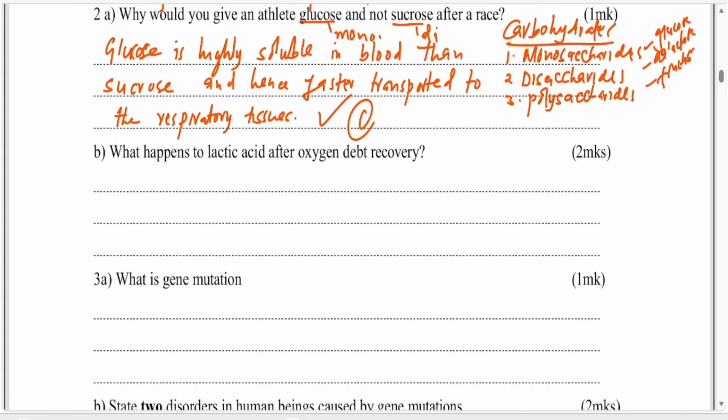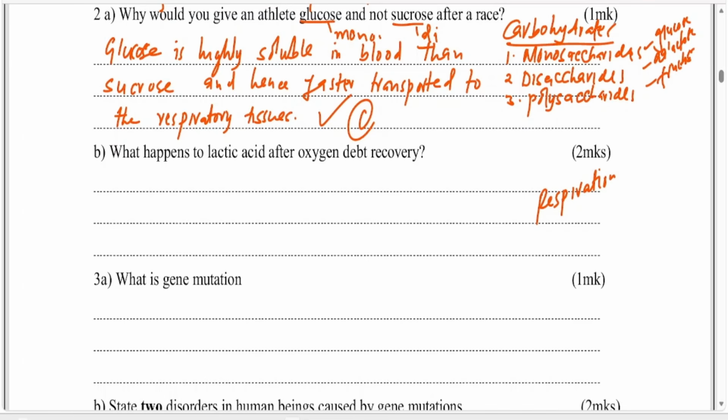Let's move to part B of this question. What happens to lactic acid after oxygen debt recovery? We know during the process of respiration, both in aerobic and anaerobic. In aerobic respiration, we know we have two phases.